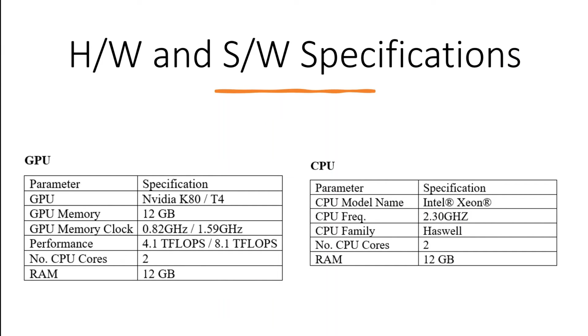So these are the hardware and software specifications. We have conducted all the experiments in Google Colab. As we can see, Google Colab is a very good option for deep learning. As our task is more memory consuming, Google Colab is the right choice because it has about 12 GB of RAM, and it also offers two different types of GPU models, K80 and T4.